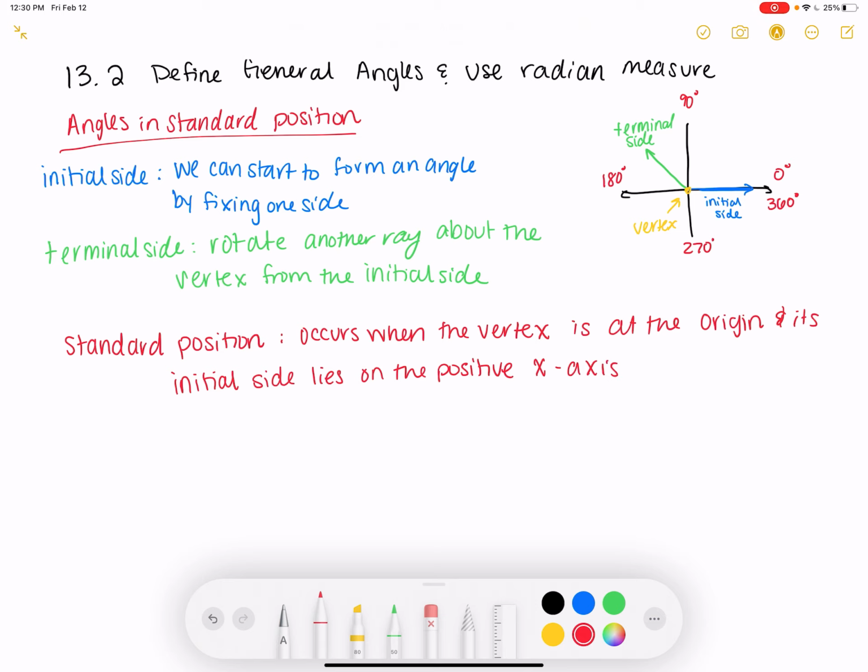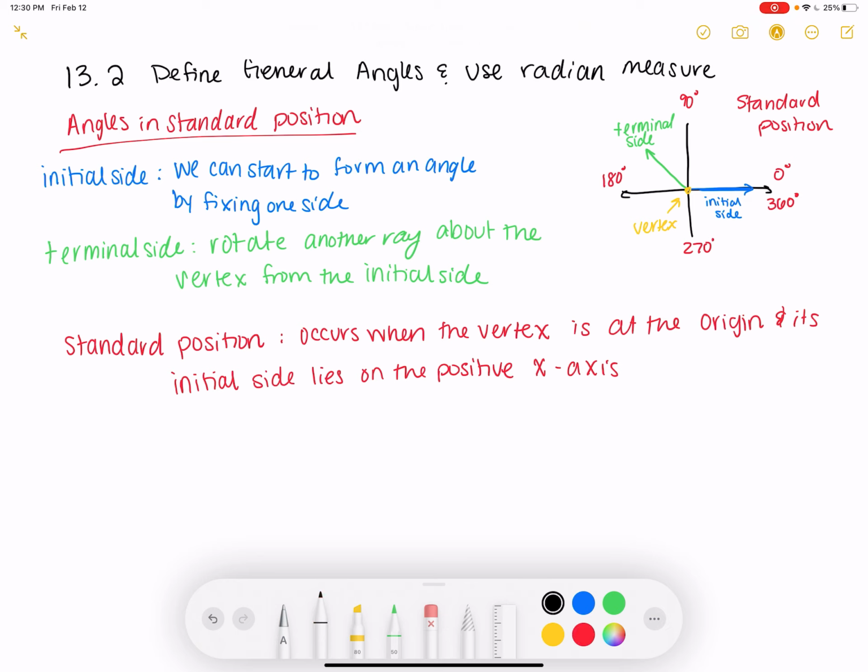Okay, so the initial side is on the positive x-axis, and then the vertex is at the origin. So this example here would be an example in standard position. Okay, so we'll look at drawing angles with the given measures and stuff like that when we go through examples.